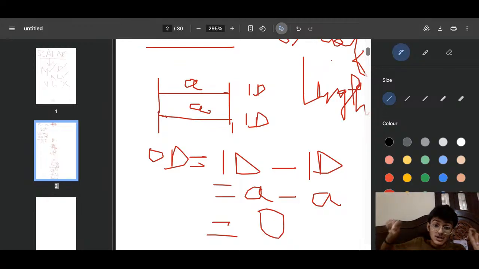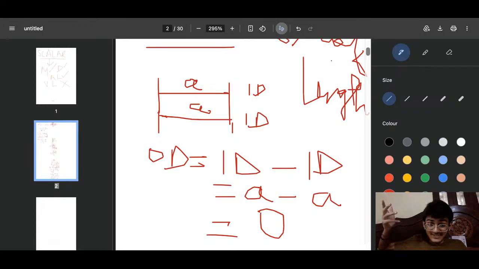We have to assume this, because if you just make a guess, suppose you take one as A and the other as B, you'll be left with a little length, and then you can't explain the zero dimensional system.